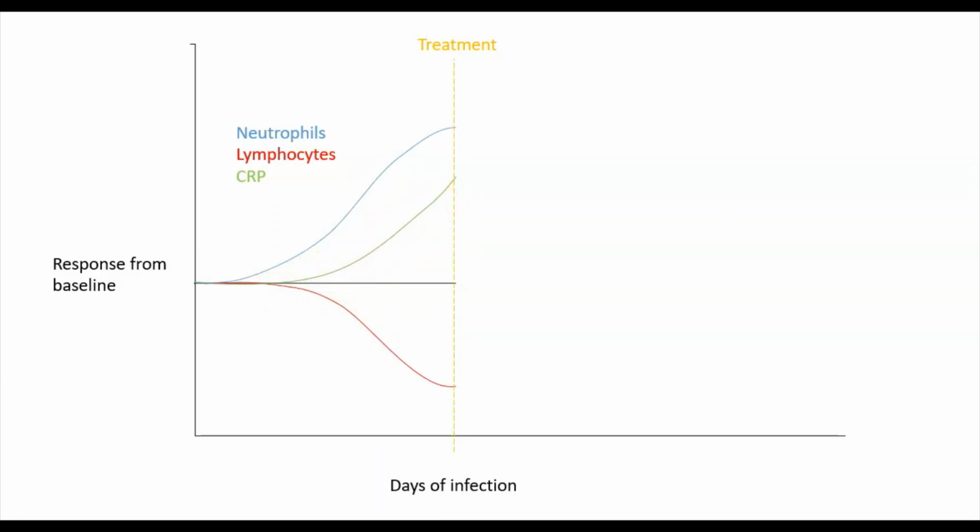This is because neutrophils, and to some extent lymphocytes as well, upon receiving the pro-inflammatory cytokine signal, mobilize to the site of infection early on in the innate immune response, whereas CRP production is reliant on interleukin-6, which has to be detected by the liver to then stimulate the production and release of C-reactive protein into the blood, which is often a more delayed process.